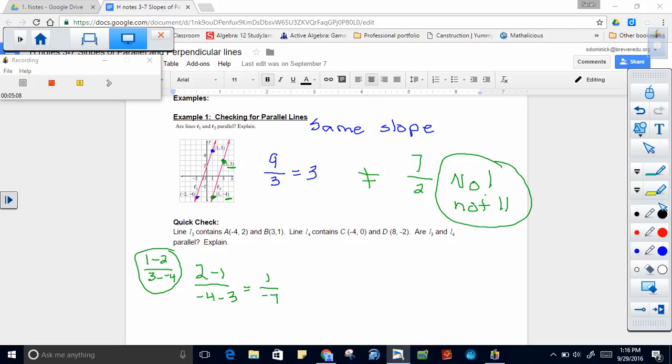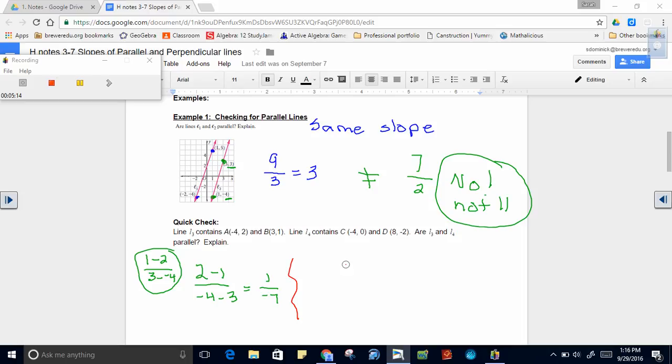So now let's try the line L4. For L4, I would have 0, subtract negative 2, or just plus 2. And then negative 4 subtract 8.